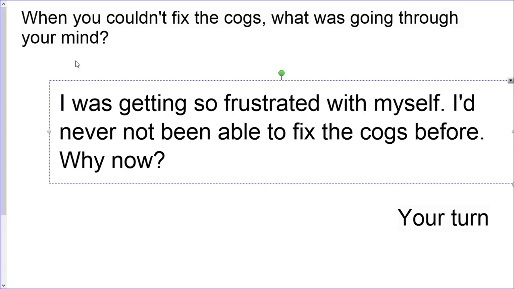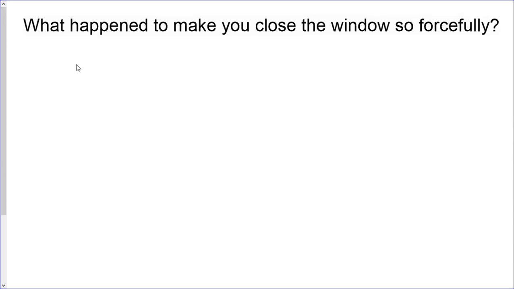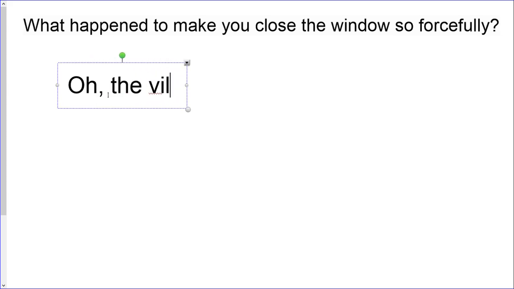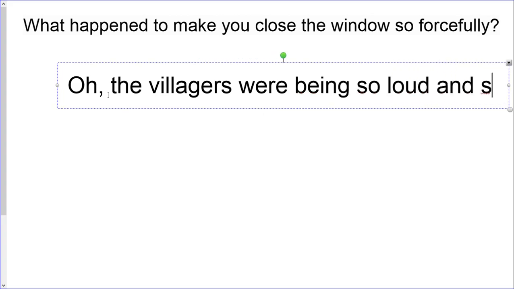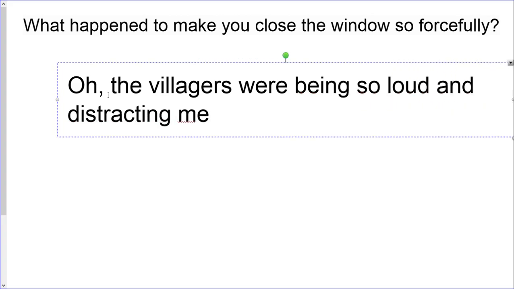Okay. Let's have a look at the other one. What happened to make you close the window so forcefully? So if you remember in the video, he was trying to write a letter and he could hear the people outside cheering and they were distracting him. So it could be, oh, the villagers were being so loud and distracting me.